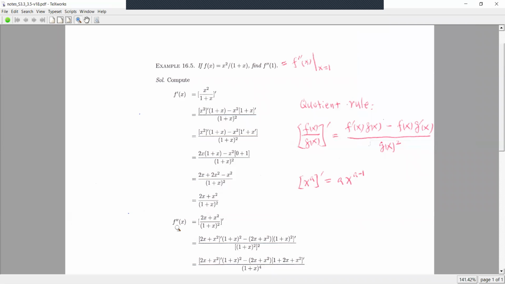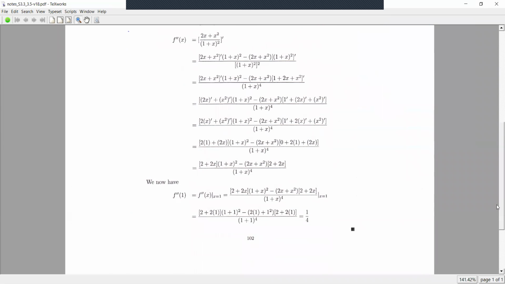Now, take derivative again and apply the quotient rule to this derivative. Then we have this equation. Expand 1 plus x squared, then we have this equation. Apply the summation rule here and here, then we have this equation. Move out the constant, then we have this equation.